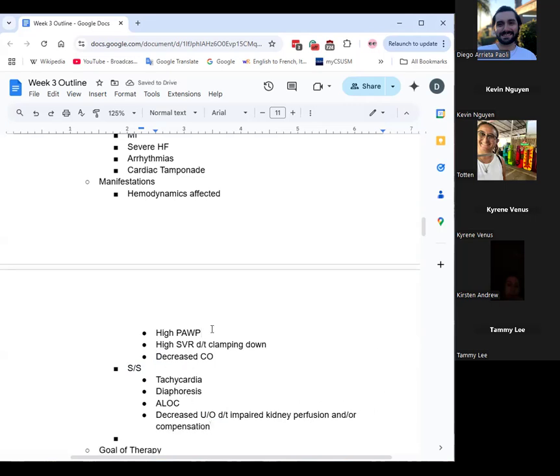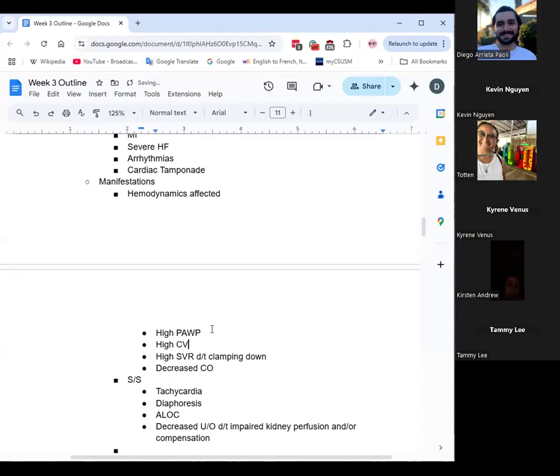There's one more. So it's not just PAWP, but also the CVP. Because you have pump failure, we talked about above how a high PAWP can indicate left-sided heart failure. Because the left side of the heart is having difficulty pumping, that fluid and pressure builds up on the left side of the heart.